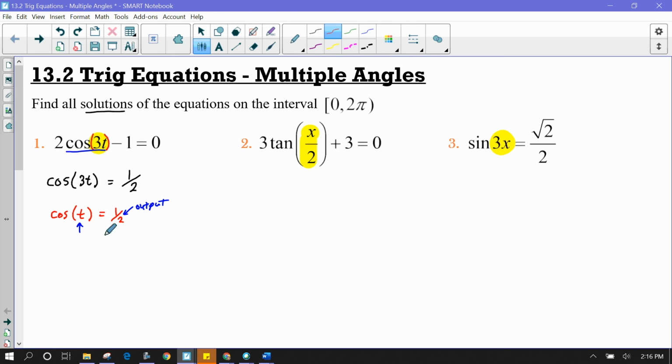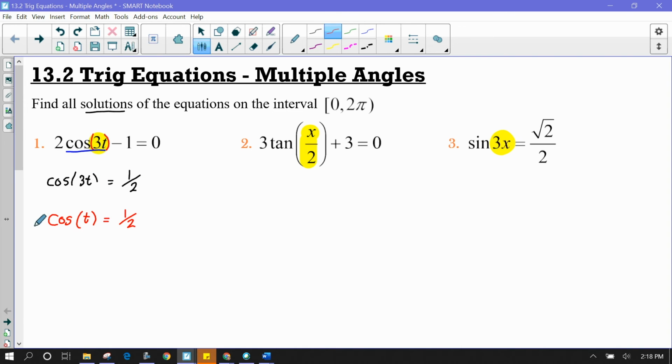Okay, so normally, when I was dealing with a problem like this from last week, I would say, okay, t, my input, has to be pi over 3 and 5 pi over 3 in order to give me that output of 1/2. We're essentially going to do the same thing, but now that it's changed to 3t, I'm going to erase this line, thinking now that since this whole thing is 3t, I'm going to set this equal to 3t instead of t.